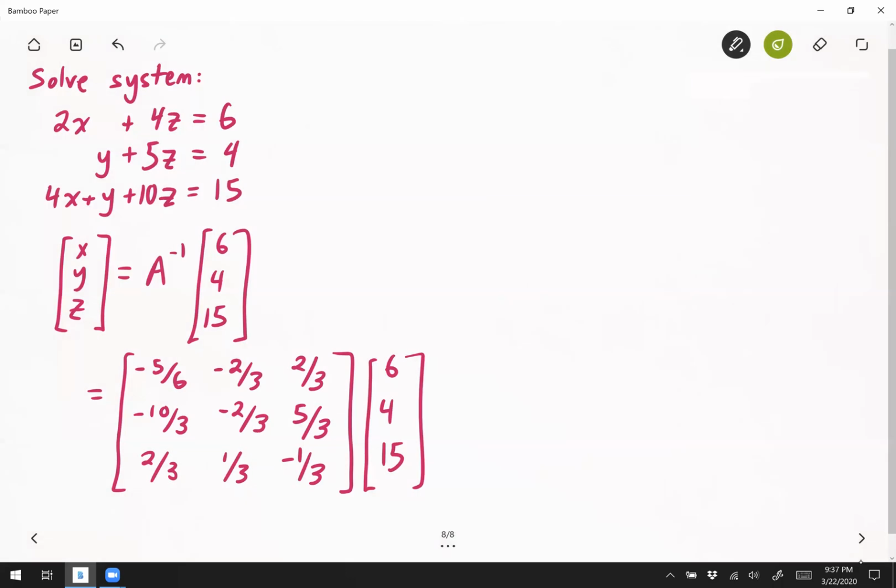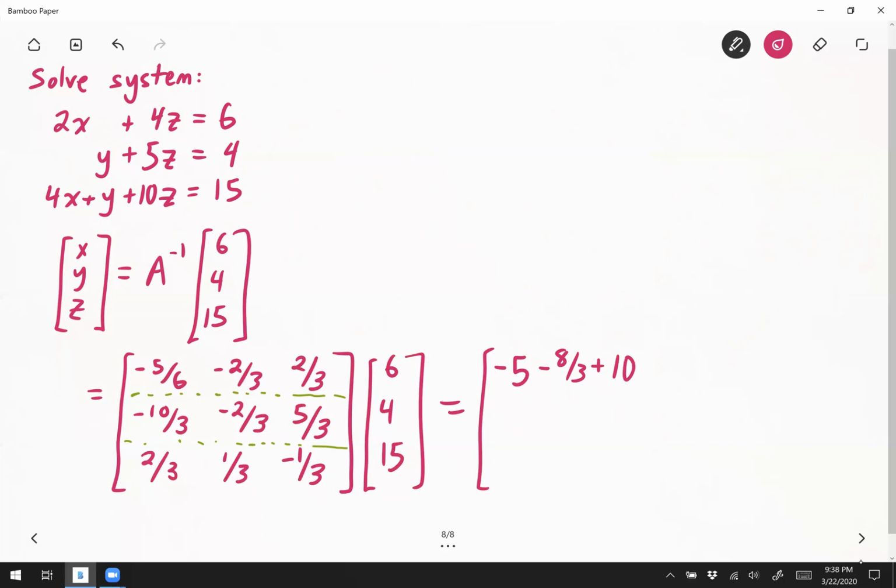Go ahead and partition first matrix into rows if you like. All right, so let's see. I'm going to get some nice canceling here. Negative 5/6 times 6 is negative 5, minus 8/3 plus, let's see, I've got 2/3 over 15. And so that's going to be 30/3, which is 10.